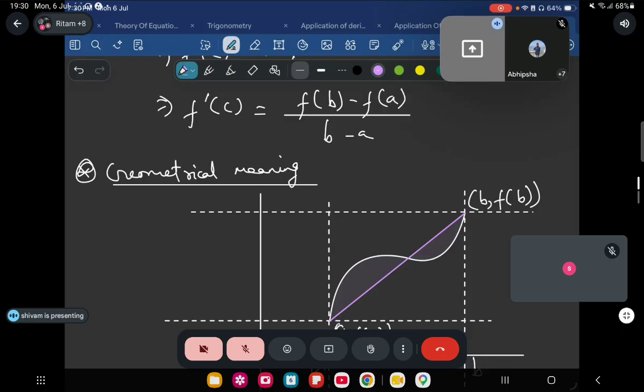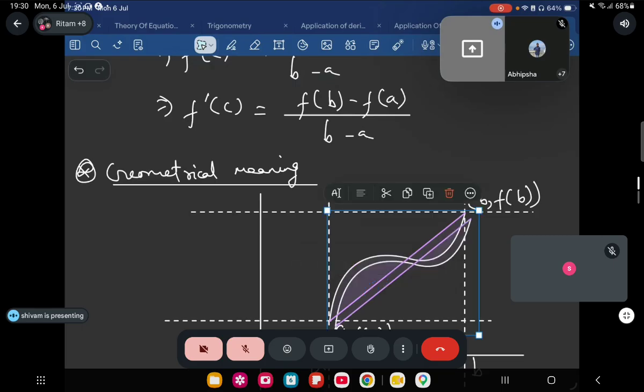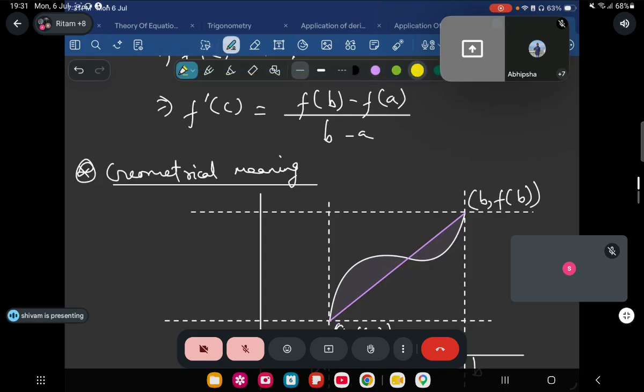Are people getting? Pay attention, everyone. I'm just going to draw the straight line. Are you people able to see that this is a tangent parallel to the chord which I have drawn?